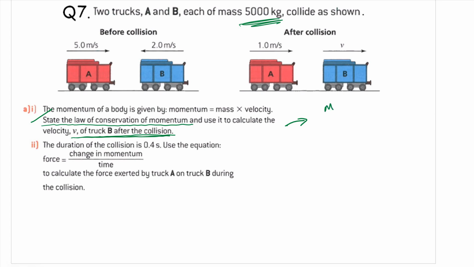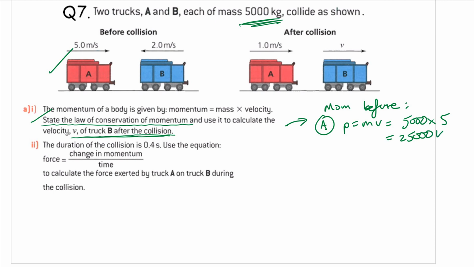Let's have a look at the momentum before. Okay, so for truck A, its momentum equals mass times velocity, which is 5,000 kilograms multiplied by its velocity, 5, and that equals 25,000 kilogram meters a second. Let's do exactly the same for B. That is moving as well.